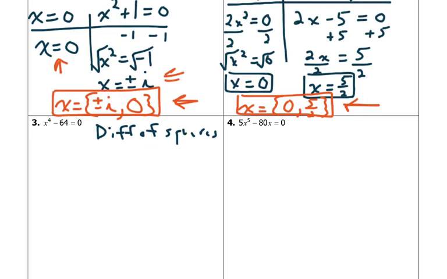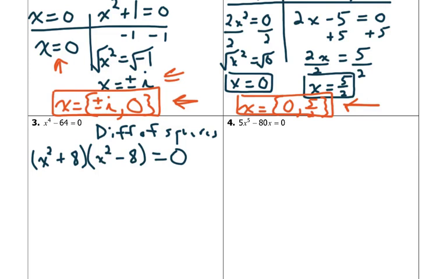When we take the square root of x to the fourth, we get x squared plus the square root of 64, which is 8, and x squared minus 8.